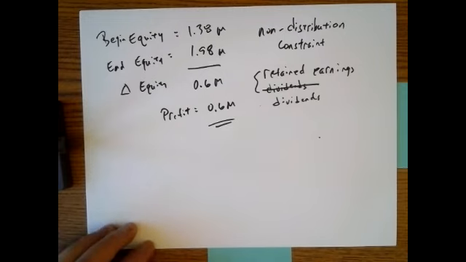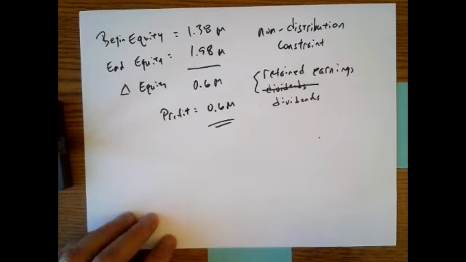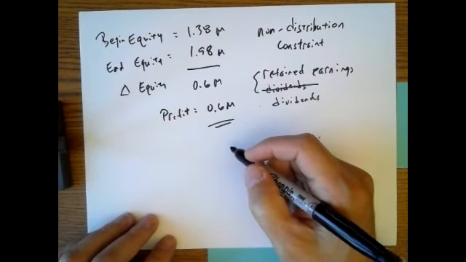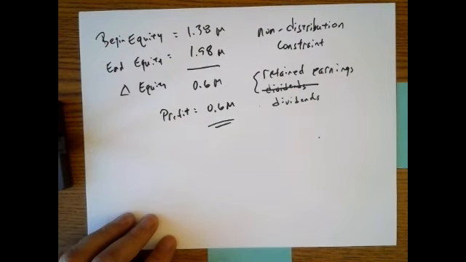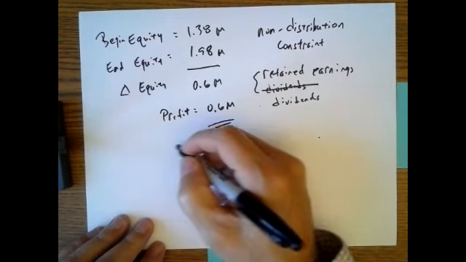Now, in B part 2, we assume that we're going to pay $200,000 in dividends. So a better way maybe for me to present this would be to use the statement of changes in equity format. So let's do that for this one now that we're going to get a little more complex.